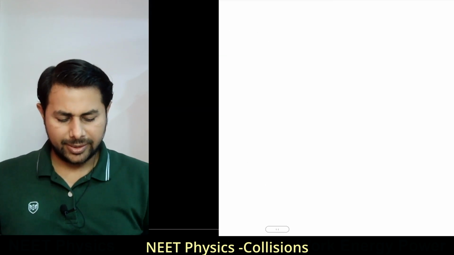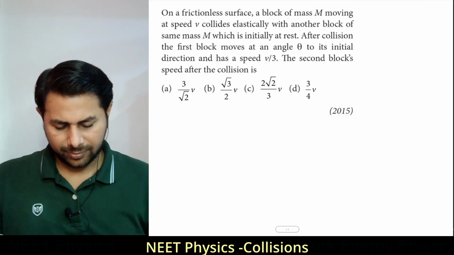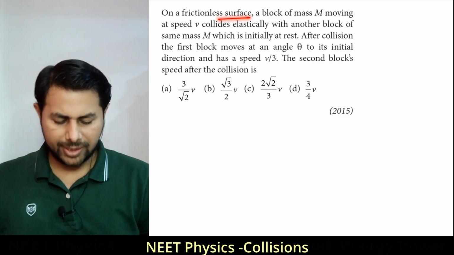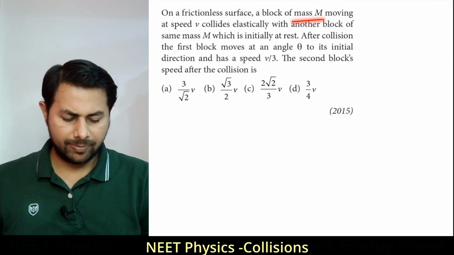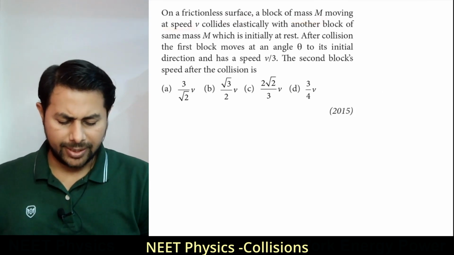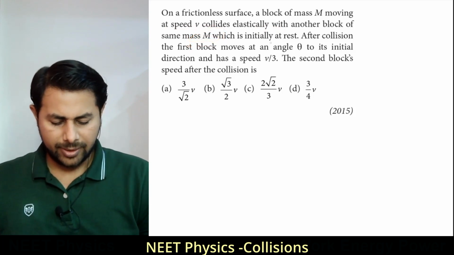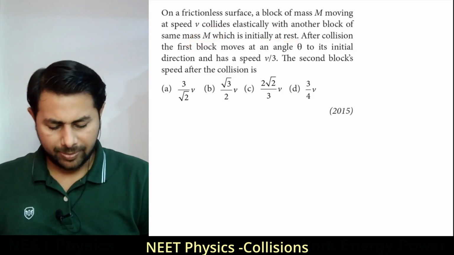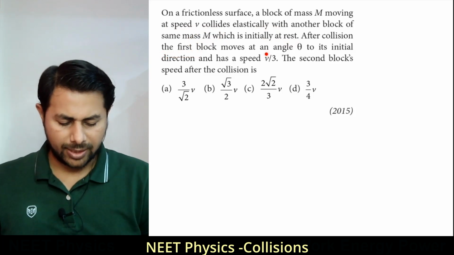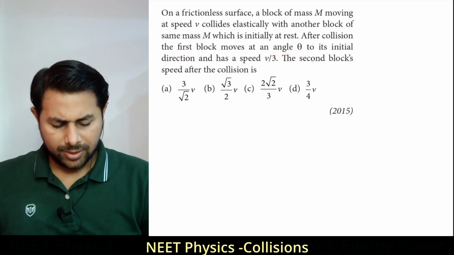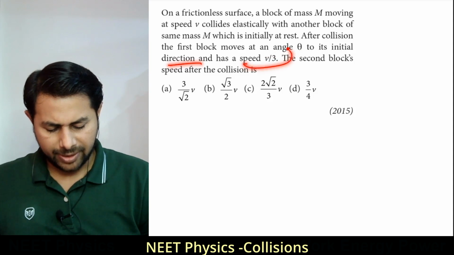Okay, let's see the next one. On a frictionless surface, a block of mass m moving at speed v collides elastically with another block of the same mass m initially at rest. After collision, the first block moves at an angle of theta to its initial direction and has speed v by 3.